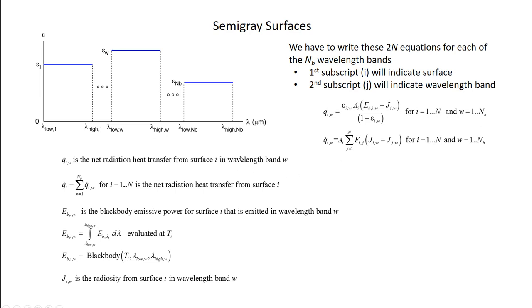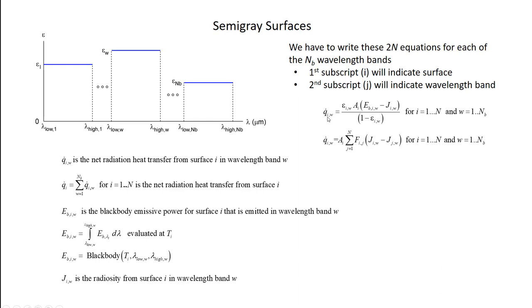So those are pretty easy. Maybe the ones that are a little more tricky are the ones that I've listed here. So Q dot IW, this is the what? This is the net radiation heat transfer from surface I that occurs in wavelength band W, right? So when I solve this set of equations in any one wavelength band, I'm getting Q dot IW, right?